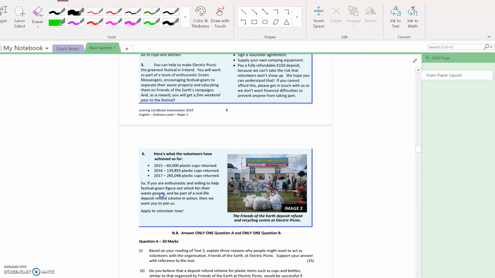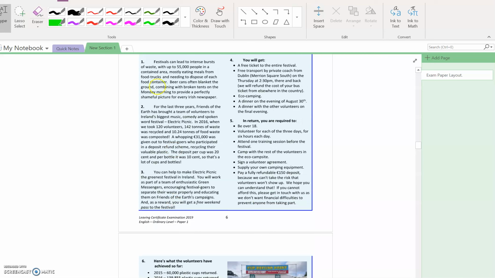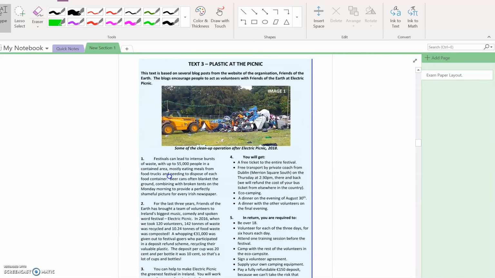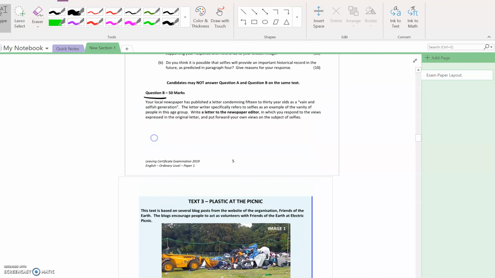And then the other text that I kind of skipped over a bit too quickly was text 2. This computer is a little bit slow on me today, so you have to bear with me. This one here. It's a letter to a newspaper editor. Some people like those. So I like those.